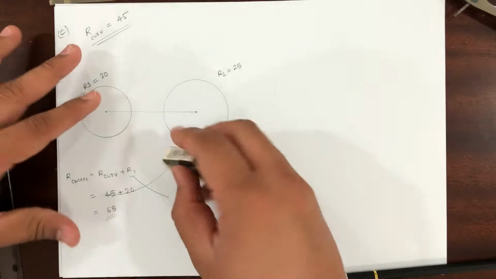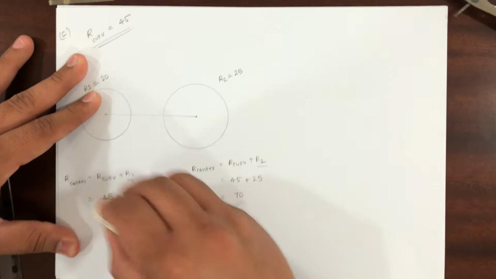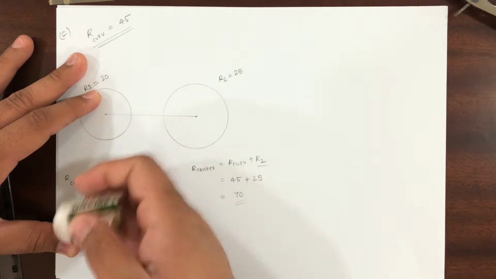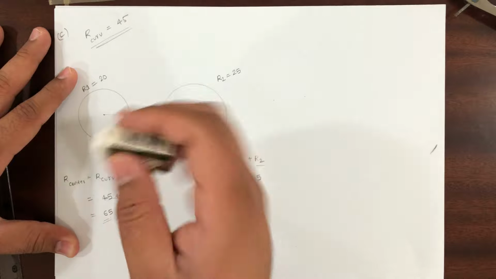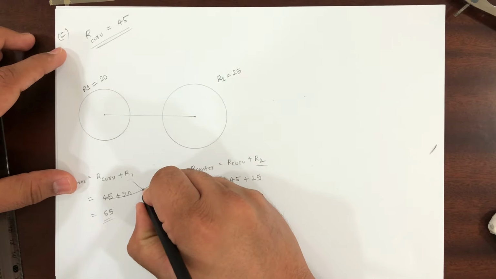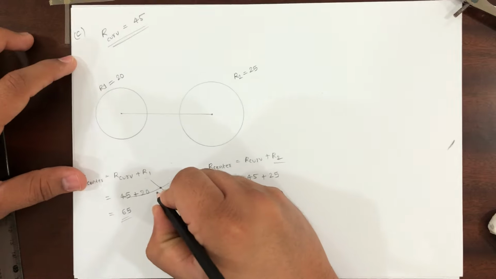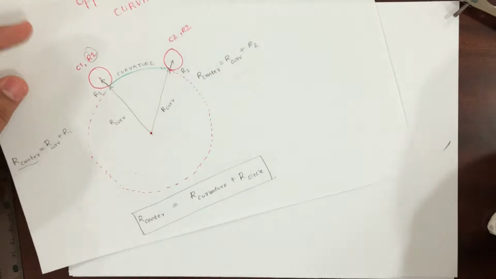Remove the extra part. So this is the intersection point of these two. What is this point? It is similar to this point.